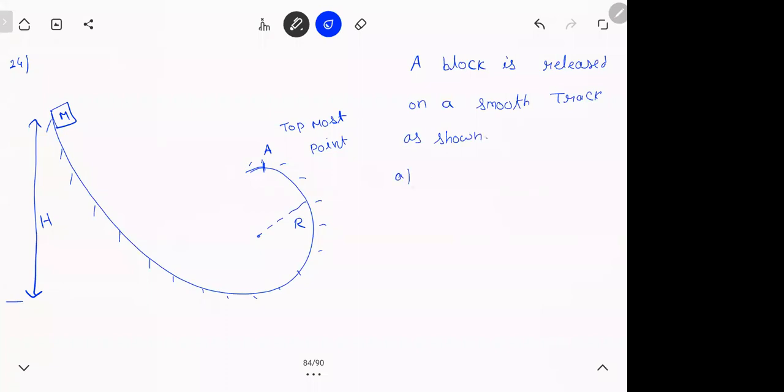First thing, find h minimum so that it reaches A. Second, if you're giving height h is 2 times h minimum, find the speed and normal reaction at A.